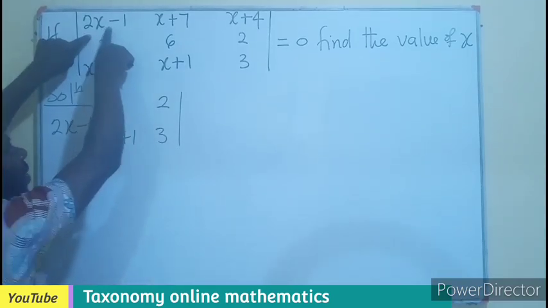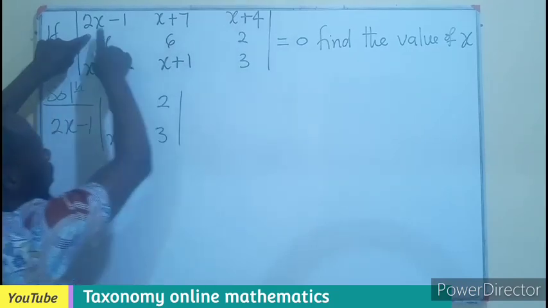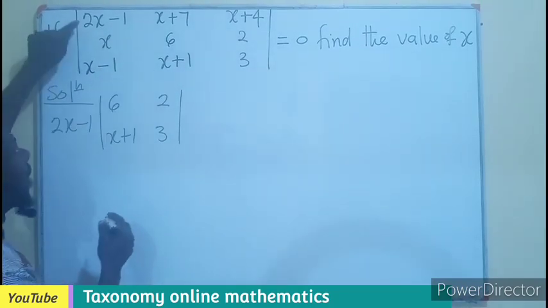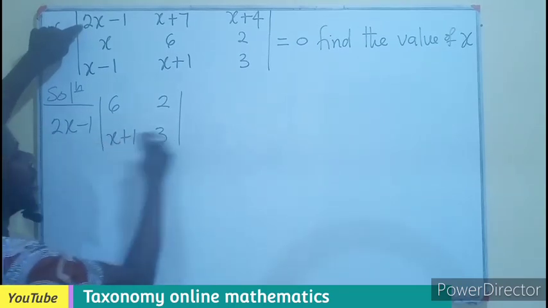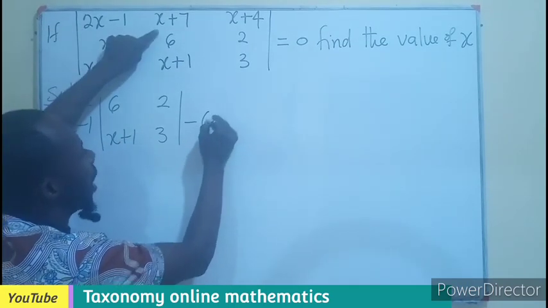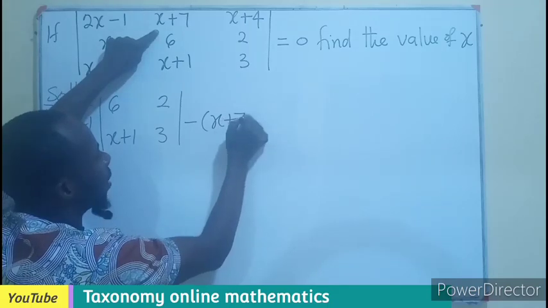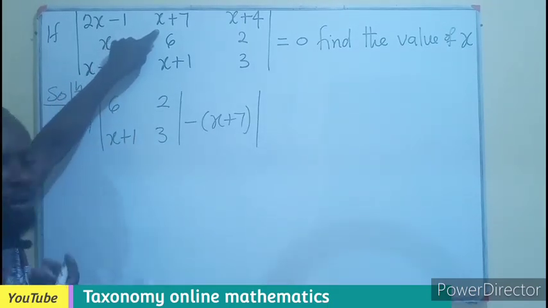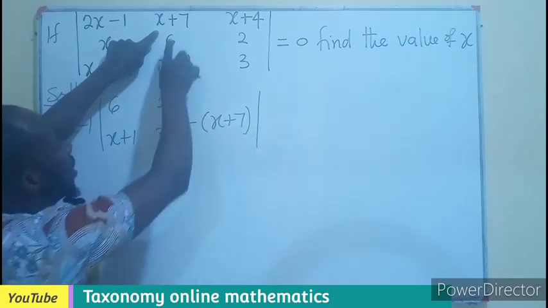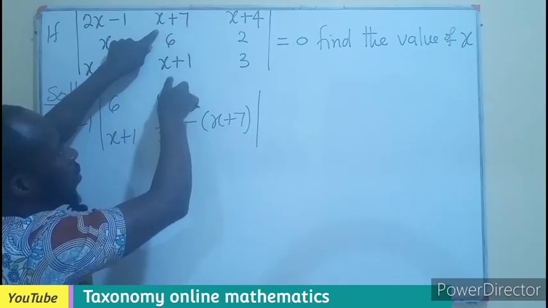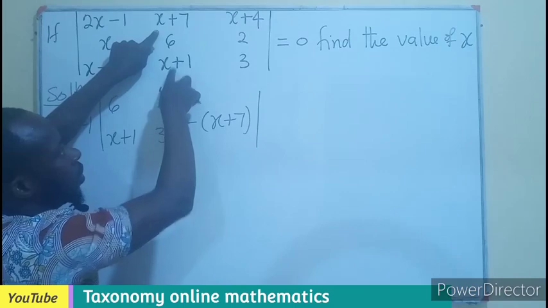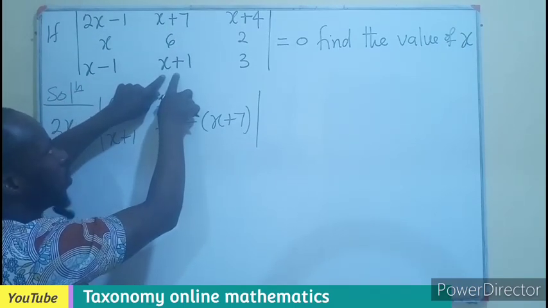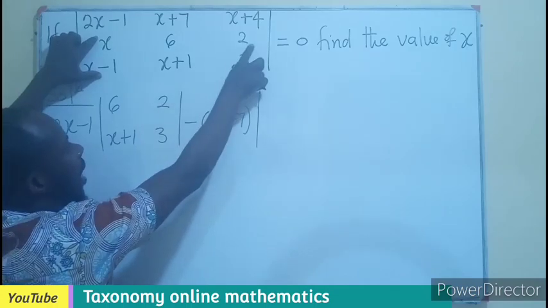After covering the first entry, the whole row and the column, you'll be left with only this. Then since I said plus, so this is plus, then minus, I'm using x plus 7, also creating a 2 by 2 matrix, whereby if I cover the row and the column here, it means 6 and x plus 2, x plus 1 is gone. I'll be left with this and this.